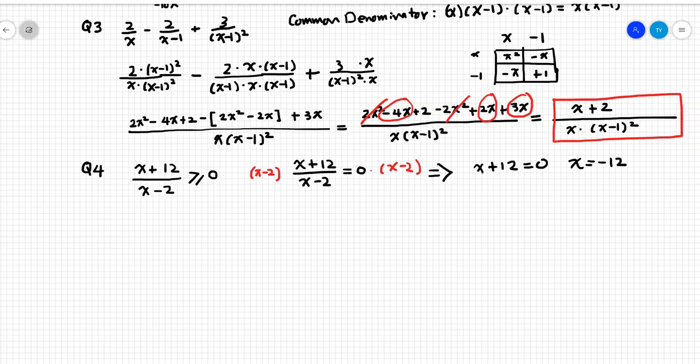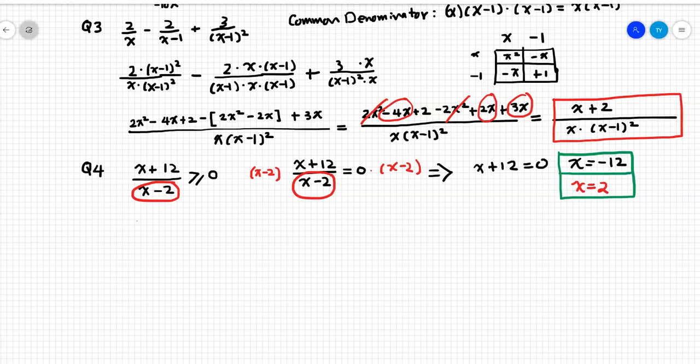The other one comes from the denominator, x - 2. x cannot be equal to 2, because 2 - 2 gives 14 over 0, which is undefined. So x = 2 is another interval point, because it makes the expression undefined. So we have two interval points here.